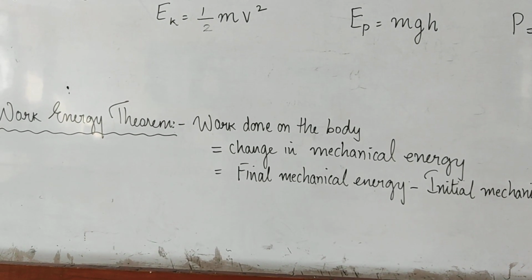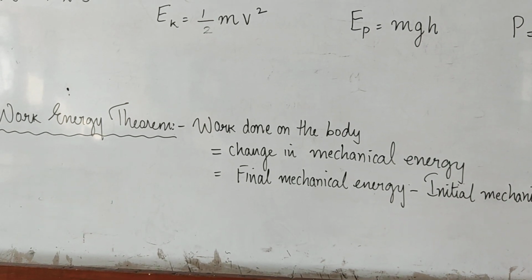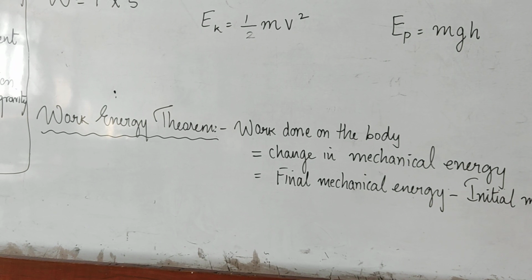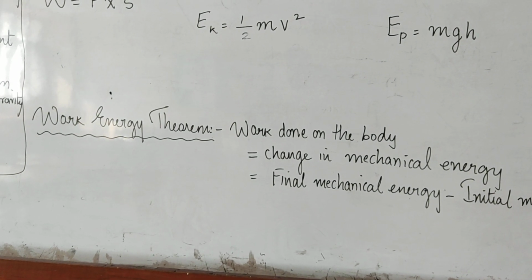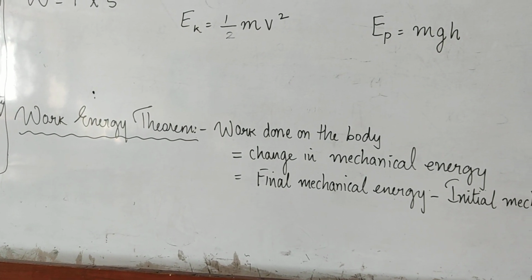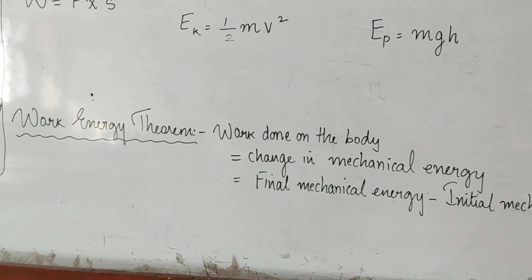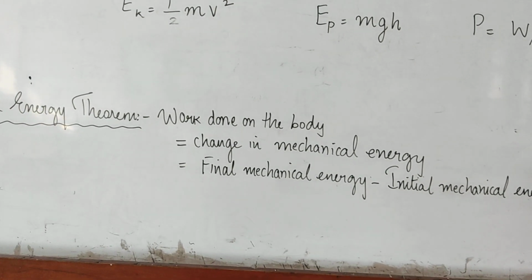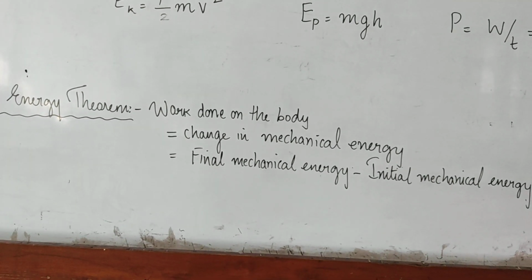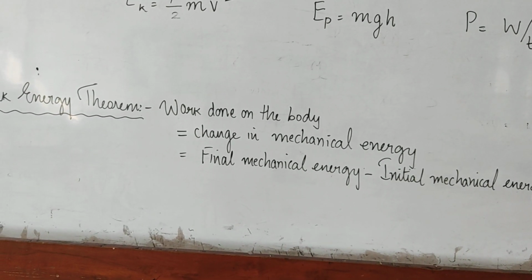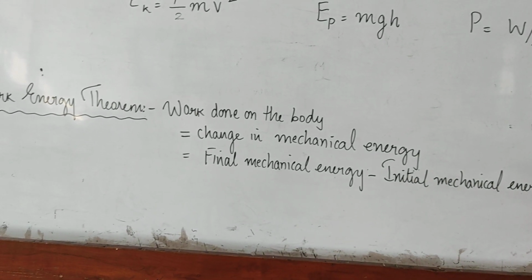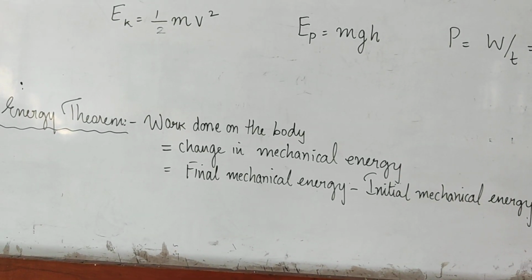Sometimes in the question only kinetic energy is changing. So in that case, the modified form of work energy theorem will be: work done on the body is change in kinetic energy, so final kinetic energy minus initial kinetic energy. Or the case may be that in the question the body is only lifted up, or its height is changed with respect to ground, and there is no velocity gained by the body.